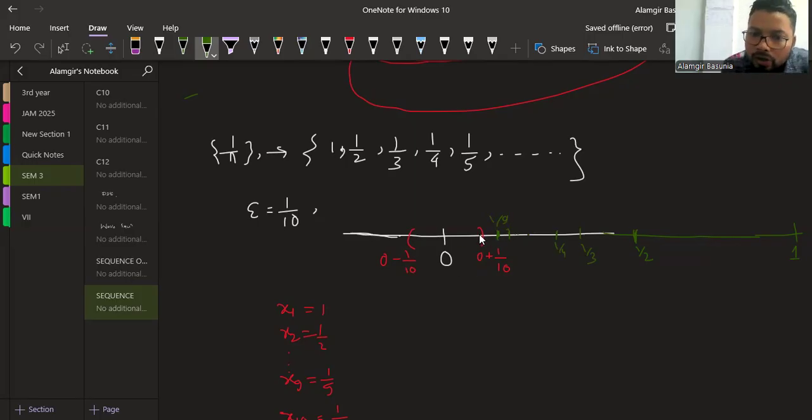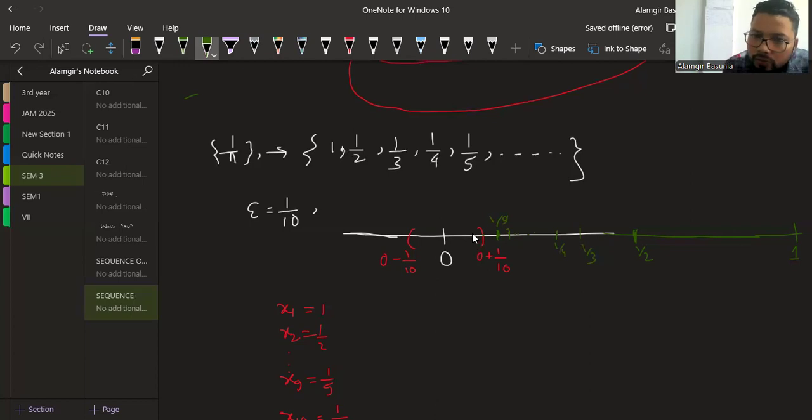But 1 by 10 is just on the boundary, so we cannot take it inside. Since we are taking this as an open interval, 1 by 10 does not belong to the interval 0 minus epsilon, comma, 0 plus epsilon. That is an outside point.